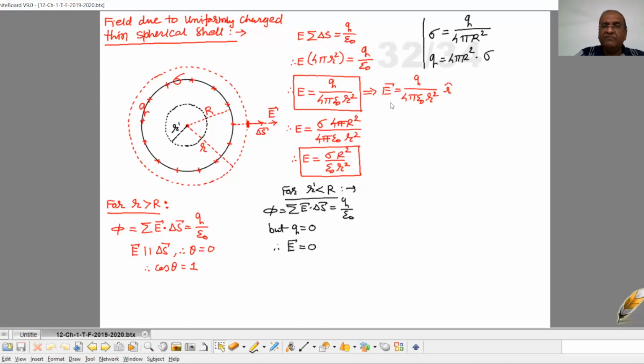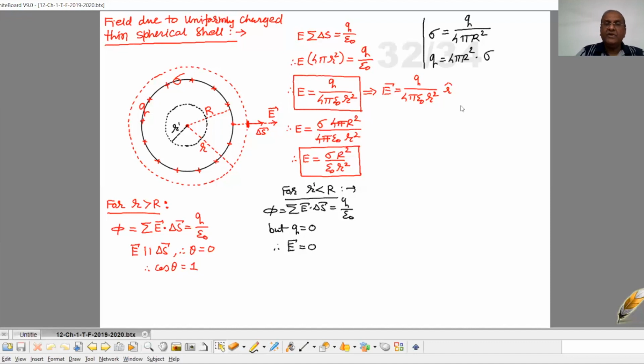So we can write E equals Q upon 4 pi epsilon 0 r square, or in vector form, E equals Q upon 4 pi epsilon 0 r square times r caret. Now see this equation. This is exactly like the electric field due to a point charge Q at a point situated at distance r from the charge.